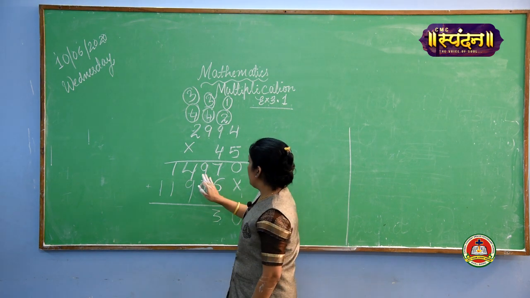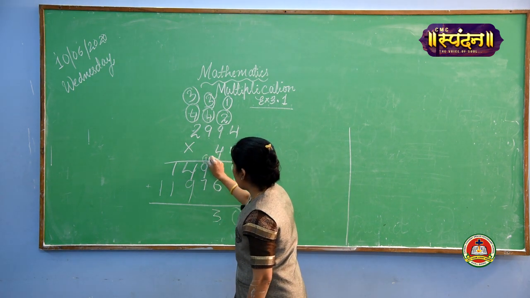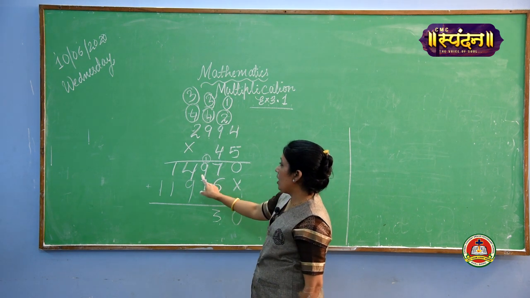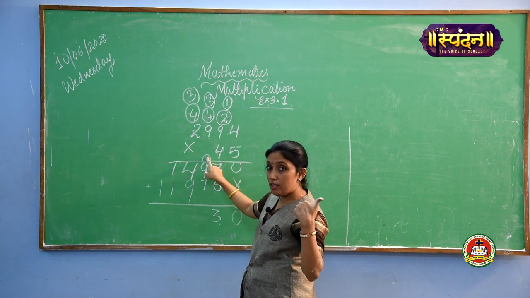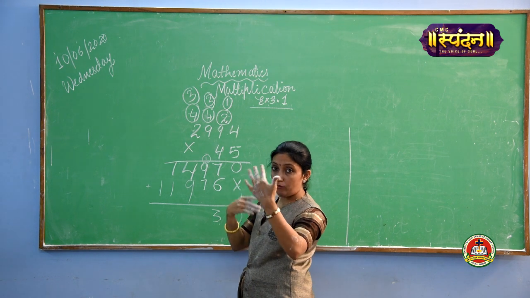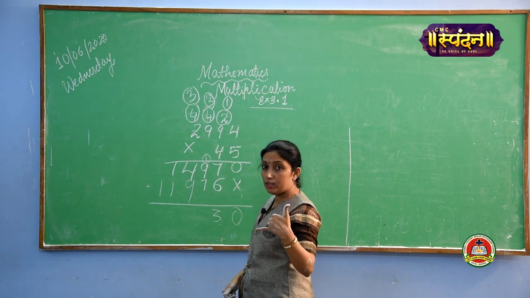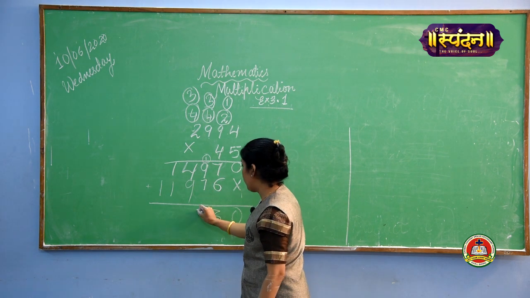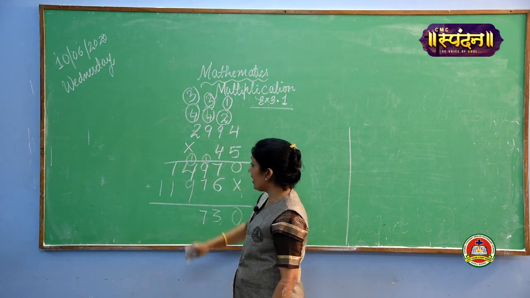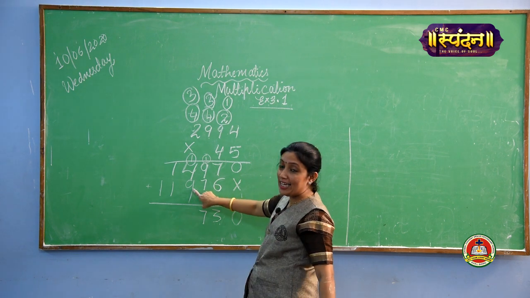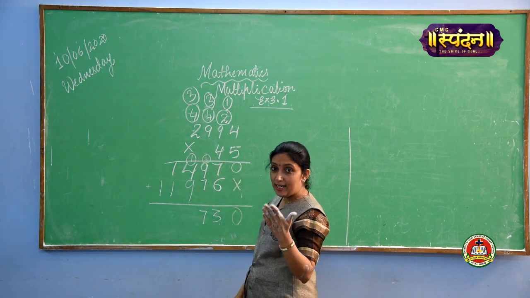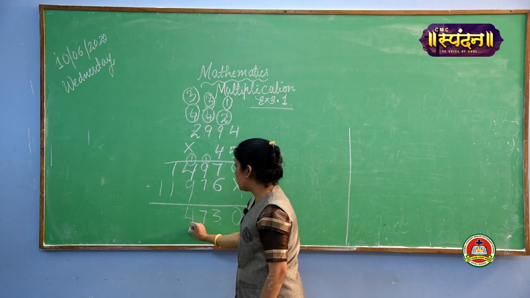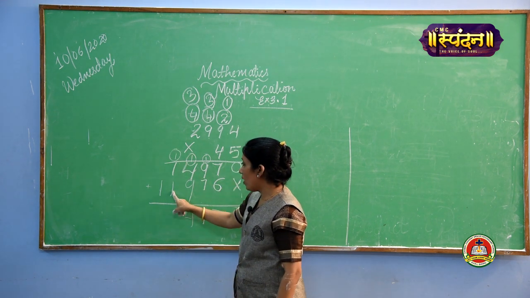Let's see. 13, so I need to remember, I need to put a carryover. Now 9 plus 1, as we have learned in addition, the shortcut way of doing it. 9 plus 1 I will do first, because that is easier. 10 plus 7, 17. Again a carryover, so again we have a 9. 9 plus 1, 10, plus 4, 14. Carryover 1, so 1, 1, 1.